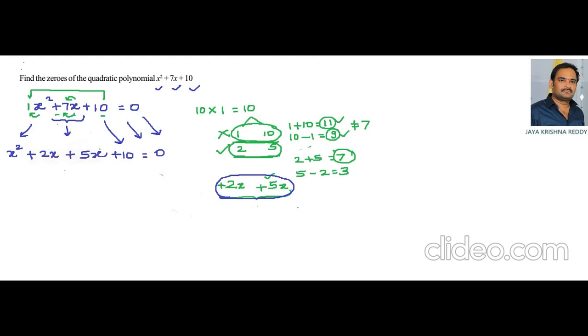Before going to the next step, check again whether the sum of these two terms is equal to the middle term, the x term. Plus 2x plus 5x is equal to plus 7x. Now four terms are there in this equation: x square plus 2x plus 5x plus 10 equal to 0. From the first two terms, you have to take the terms common.